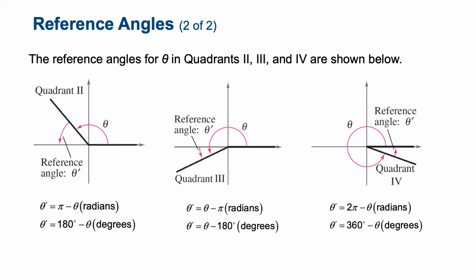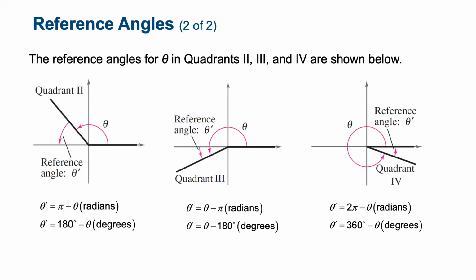Here, if I have an angle theta that ends up in quadrant 3, then the reference angle would be the angle that this side makes with the horizontal axis. So it's basically just this here. You would subtract 180.